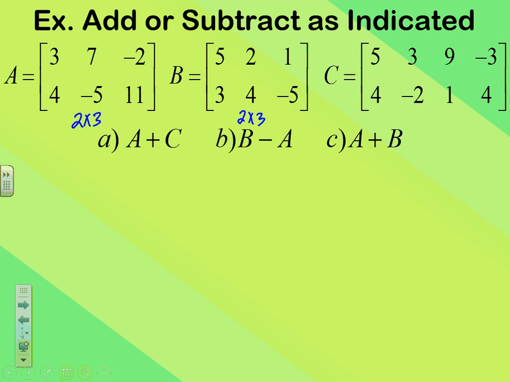And matrix C has 2 rows, but it has 4 columns, so this is a 2 by 4 matrix. So what the first operation is asking us to do, matrix A plus matrix C, what would the sum be? Well, unfortunately, for question A, we can't actually add these together.